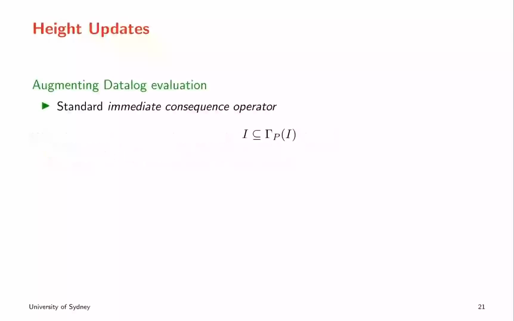So to illustrate how this works, let's go through a standard Datalog evaluation first. This is what we call the immediate consequence operator, and I here represents an instance, which is essentially a set of tuples. In standard Datalog evaluation, in each round we apply our immediate consequence operator to our instance.